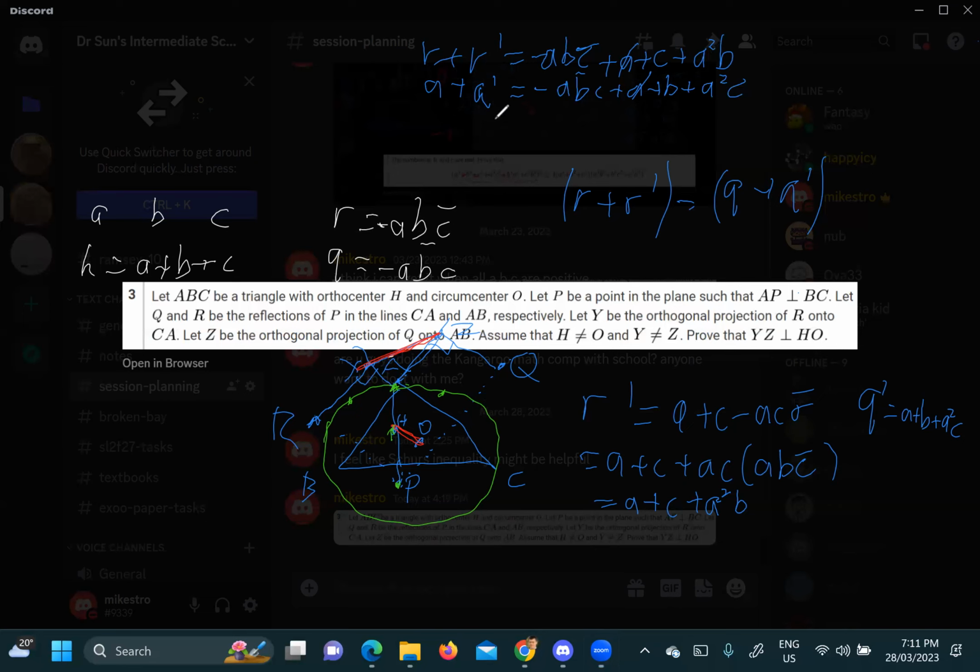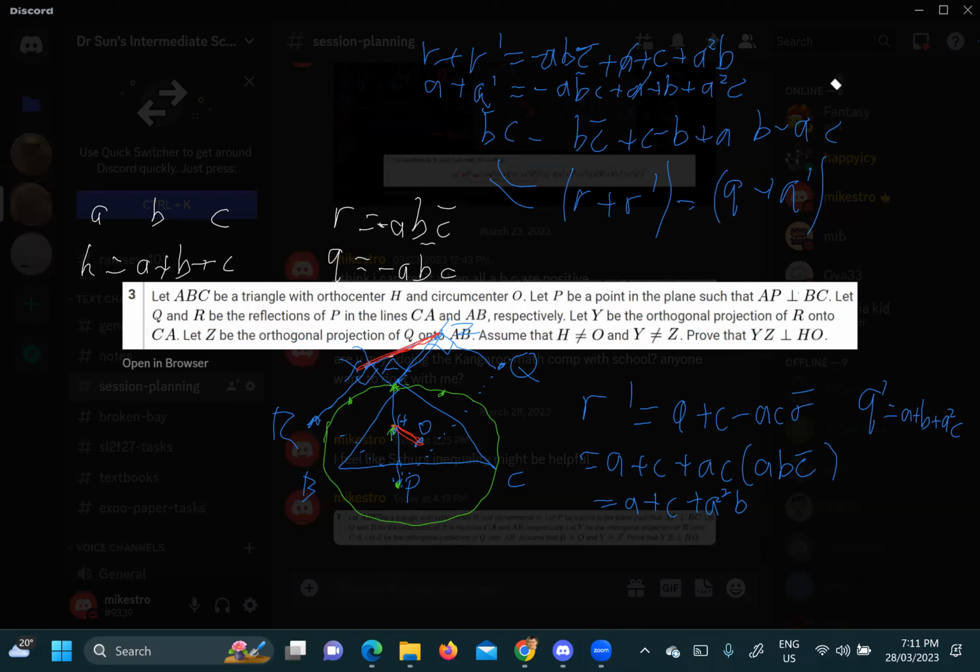Now I subtract them, so I get A B bar C. This equals A B bar C minus A B C bar plus C minus B plus A squared B minus A squared C. Okay. There's a factor of A in this. That's pretty cool. So I guess I'll just get it out.